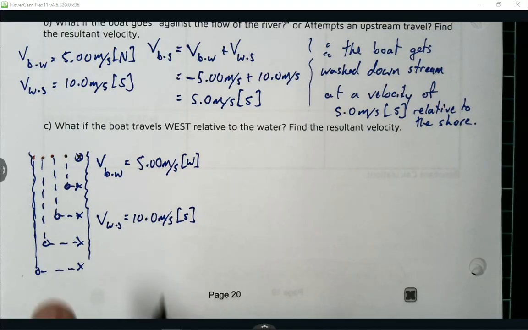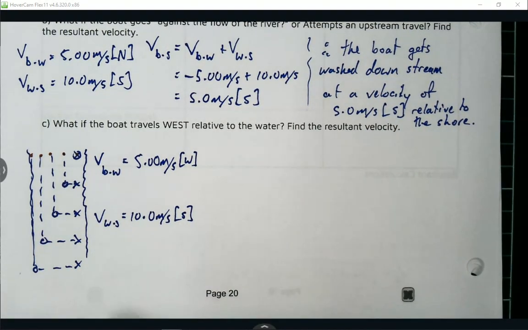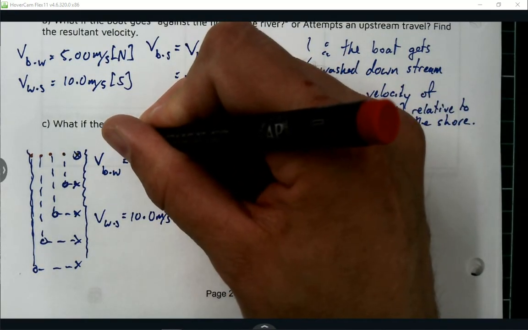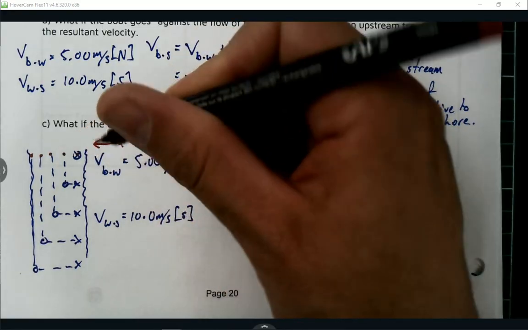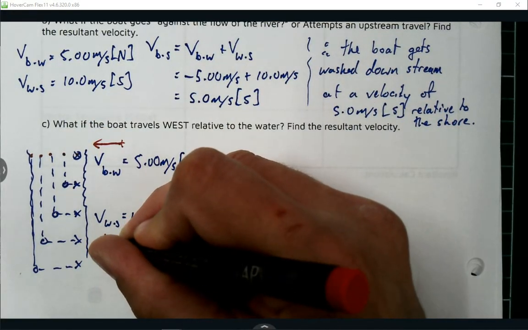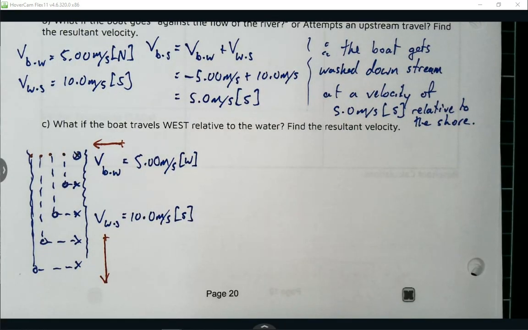Now, if I was going to do it as a ticker tape dotted diagram type thing, that would look like this. If I was going to be a vector thinker, I would say, oh, well, VBW looks like this. VWS, notice I made it a little bit longer, looks like this.